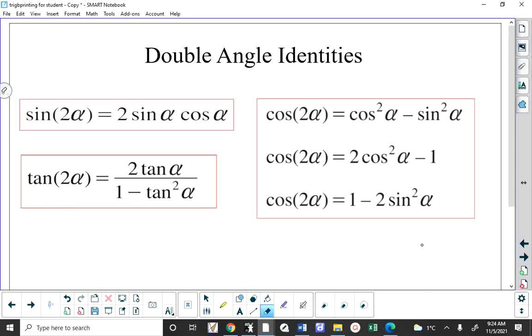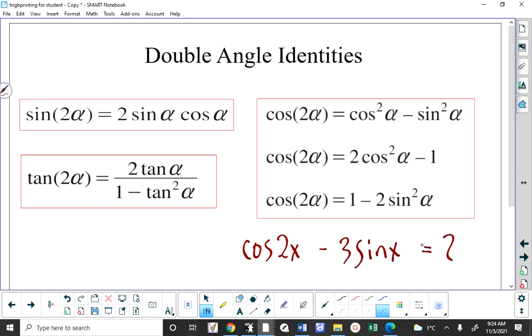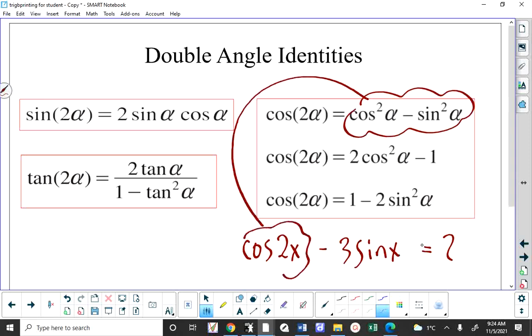And what we have, going by memory here, is cos of 2x minus 3 sine x equals 2. If we were to take cos squared of x minus sine squared of x and put it in here, we would be setting ourselves up for more work, because then we would have an equation that has sines and cosines in it.